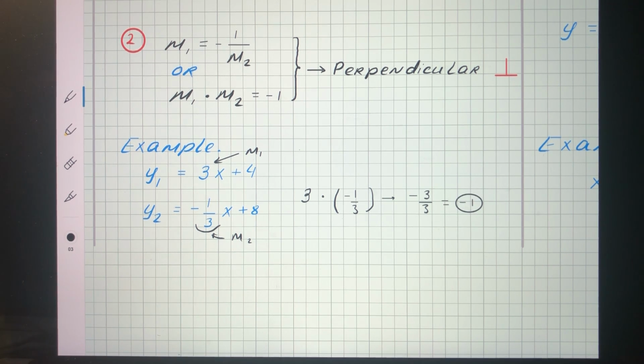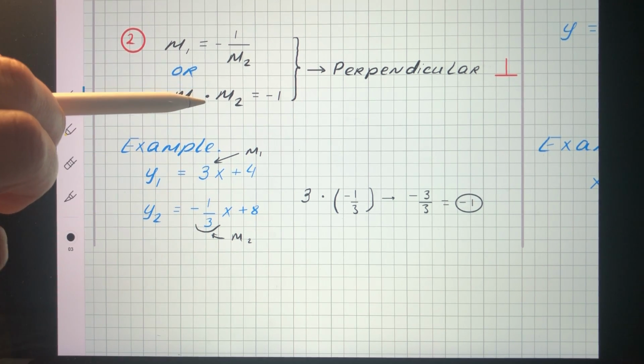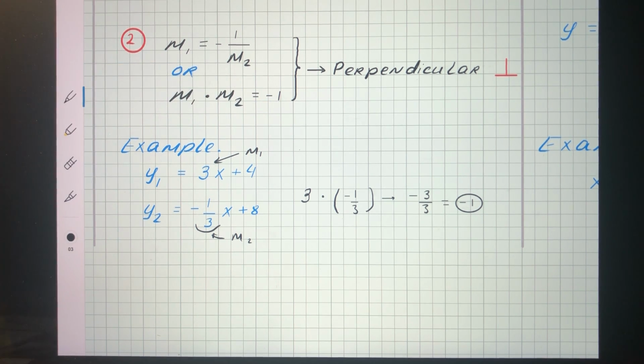This is a proof that the two lines are indeed perpendicular. So our conclusion is the two lines are perpendicular, and we can simply write a symbol for perpendicular.